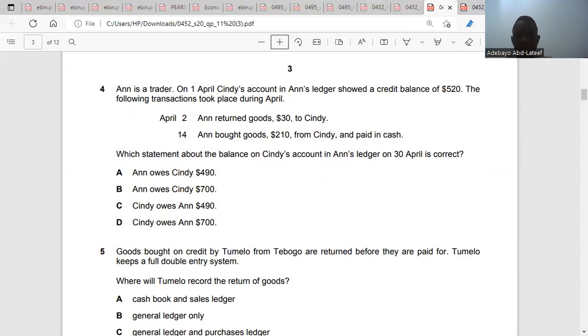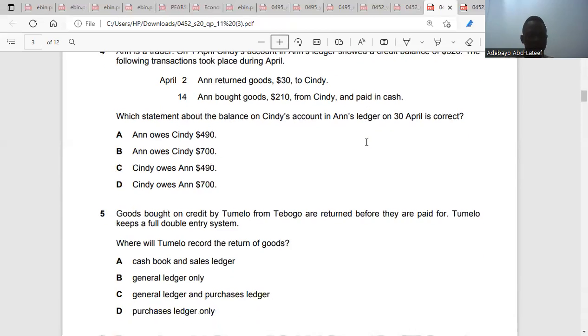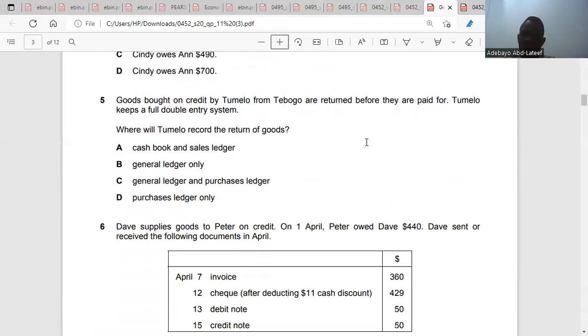Anne bought goods 210 from Cindy and paid in cash. So Anne paid for this in cash, so it's not going to be part of the entry. Which statement about the balance on Cindy's account in Anne's ledger on 30th of April is correct? The transaction for 14th of April is paid in cash, so the transaction is done. So we have 520 minus 30 for the returned goods. So we have 490. So Anne owes Cindy 490. That's done. C.